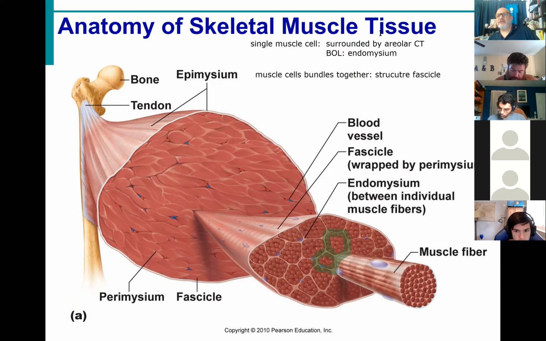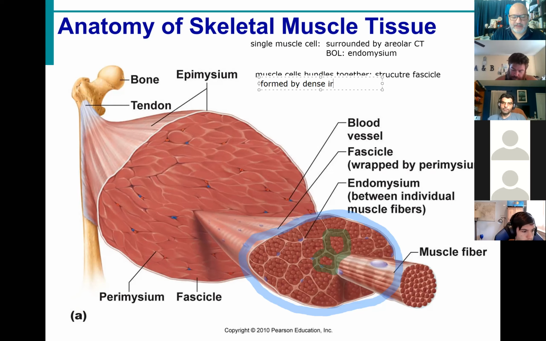So notice here, and I'll change colors, we have a connective tissue that is wrapping this muscle cell and 14 of its closest friends into a single structure known as a fascicle. This fascicle is formed by another connective tissue, and this one happens to be a dense, irregular connective tissue. And this certainly isn't the only dense, irregular connective tissue we find in the body. So this one, based on its location, we call it a perimysium.